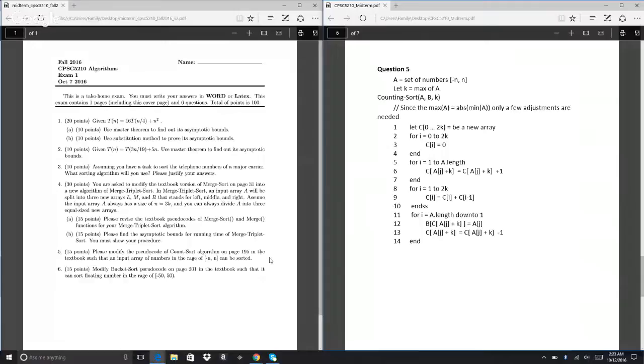So for i equal 0 to 2K, you'll fill up C with 0 because later you'll be adding to it. You can't add to an empty or null number. So from j equal 1 to A dot length, you'll index into A. Indexing into the element doesn't change anything.